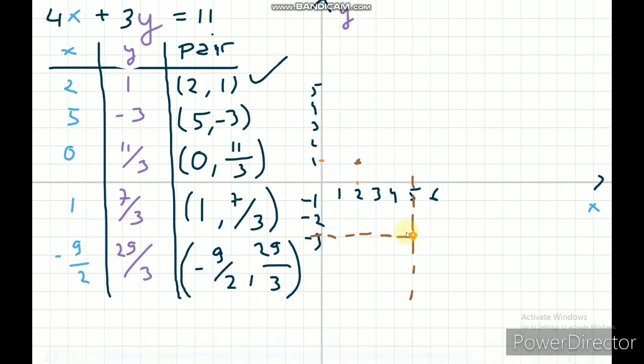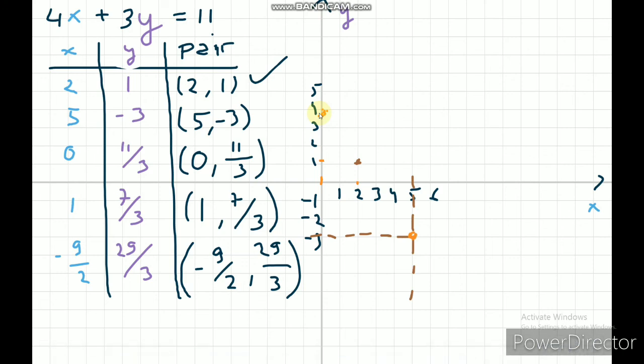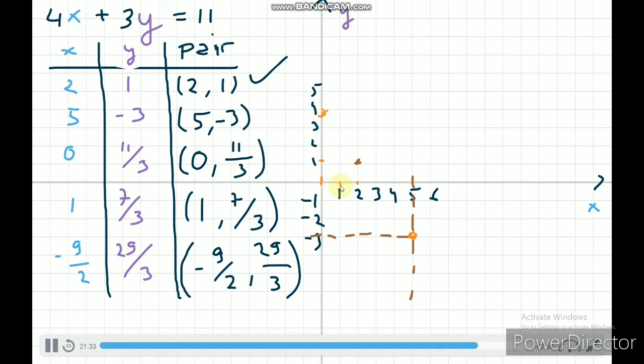For example, again, 0, 0 for the x is here, the origin, but the y is 11 over 3, which is 3 point something, so it is here. I'm sorry, it's hard to put the dot here. Then 1 comma 7 over 3 for the y. 7 over 3 is like 2.333, so it's here.